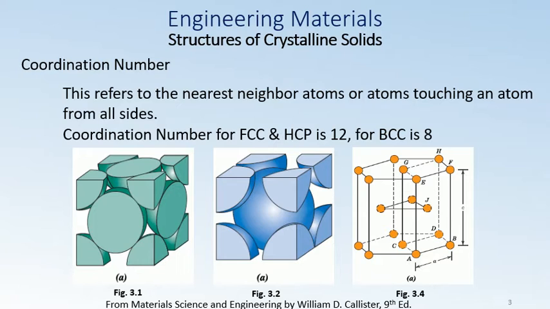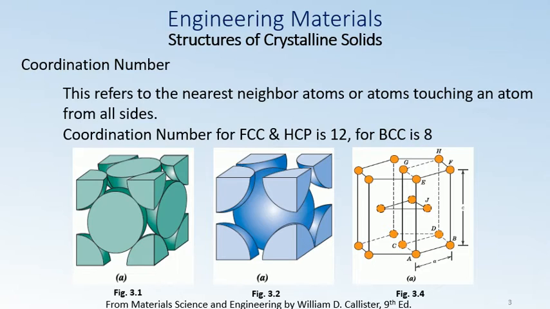So the front side contact, then the atoms from the next unit cell directly in contact, and then the 4 atoms from the back side of the unit cell. 4 plus 4 plus 4 gives you a total of 12 atoms in direct contact with the central face atom of this face centered cubic crystal structure, giving it a coordination number of 12.